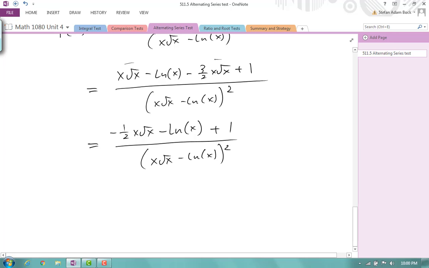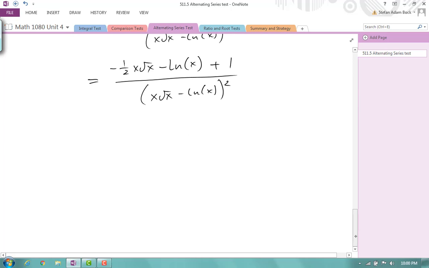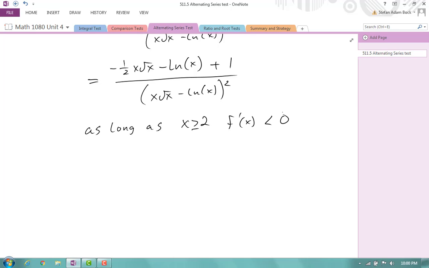So it looks like as long as, let's say, x is greater than or equal to 2, f prime of x is definitely negative. Because as x values get larger than 2, they'll become larger and larger, versus the 1 stays the same. So I'll have a 1 minus eventually a very big number.